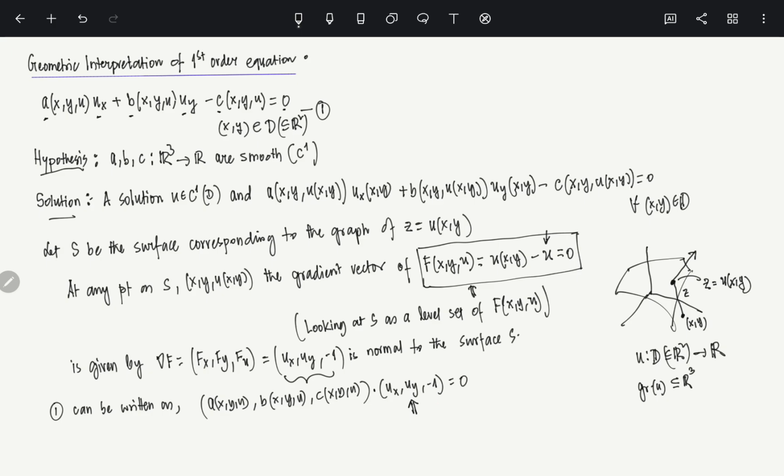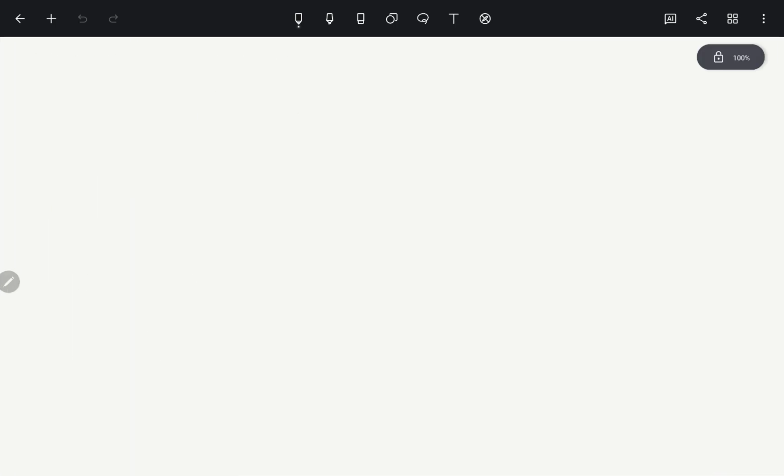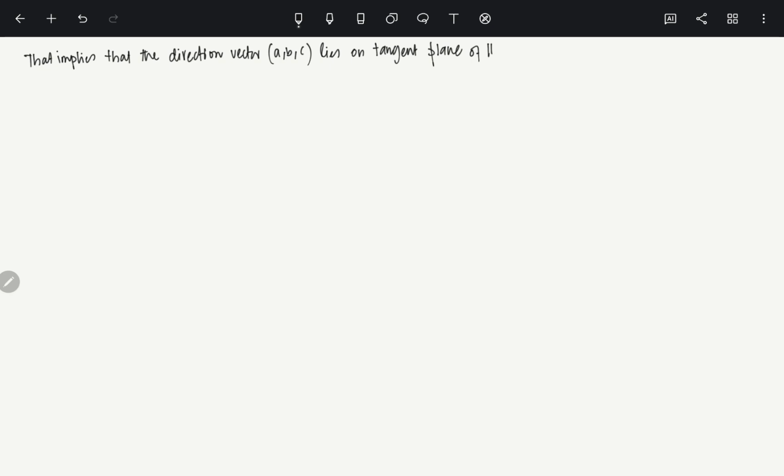So, what is happening is this u is a solution if and only if the direction vector, A, B and C, lies on the tangent plane of the surface S. I am not writing that A, B and C are functions, but I am just writing it like this.